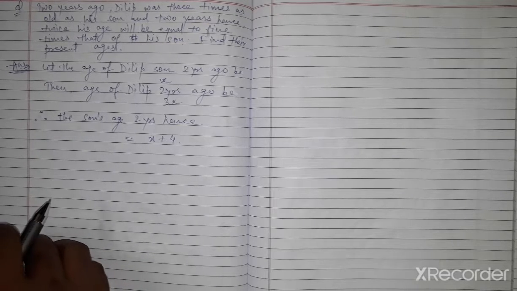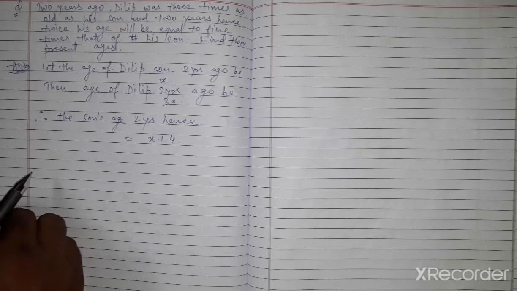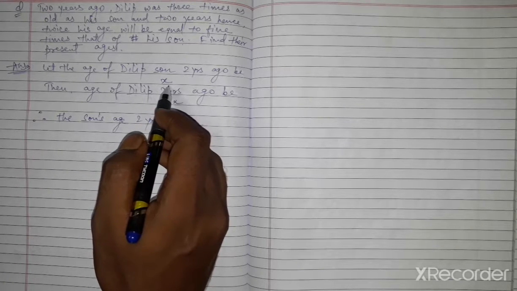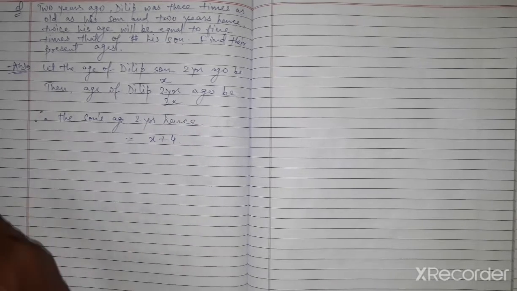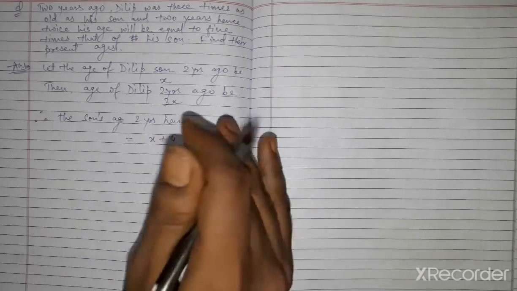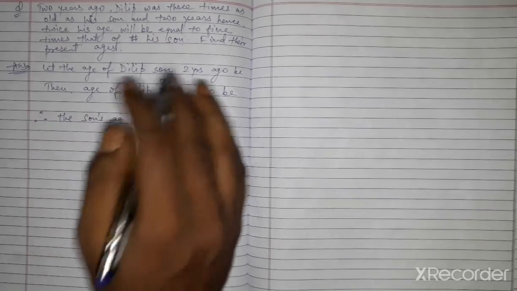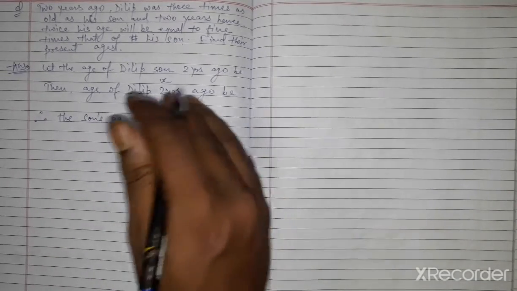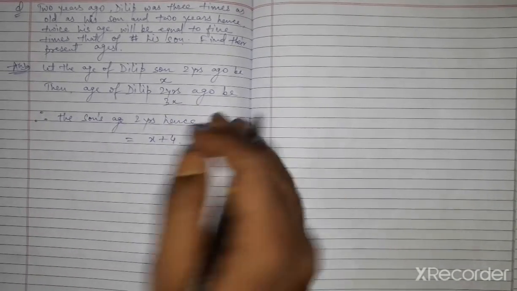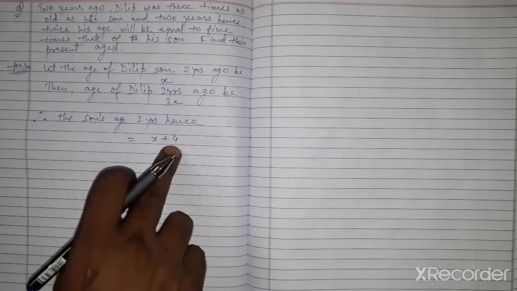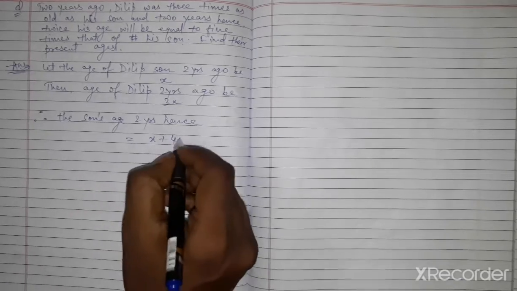Now how does it become x plus 4? Because I have assumed the age of Dilip's son 2 years ago to be x. So the present age of Dilip's son will be x plus 2. Now 2 years hence means 2 years later, the age of Dilip's son will be x plus 2 plus 2, that is x plus 4. I hope that you have understood.